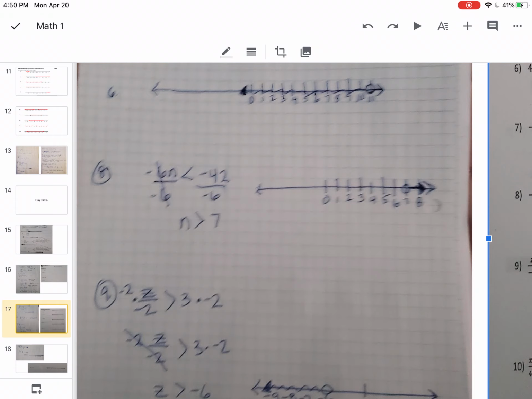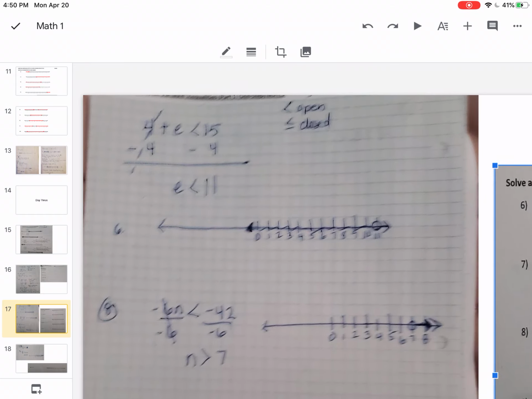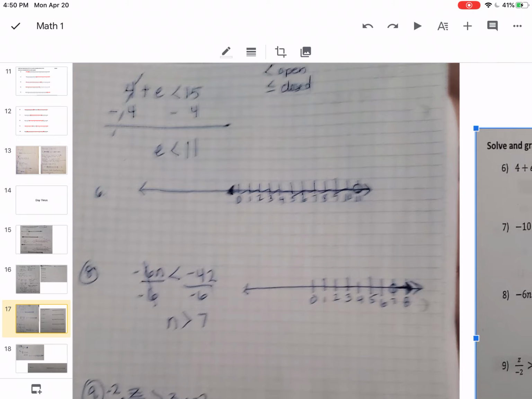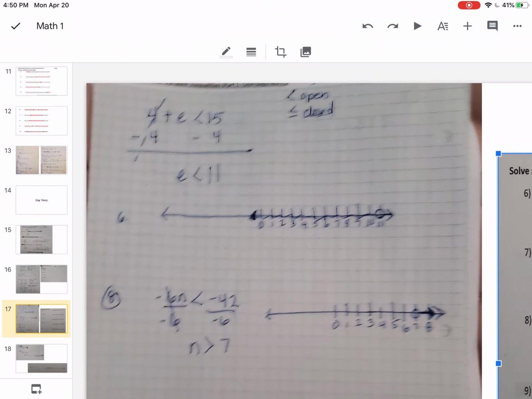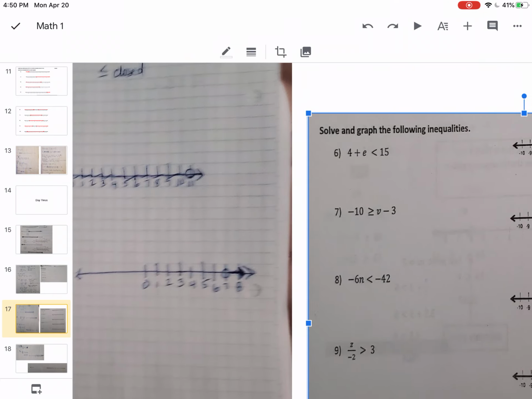Sorry guys. Did I skip the one? Up above 8 actually is 6, okay? So let's go back and look at 6 first, okay?